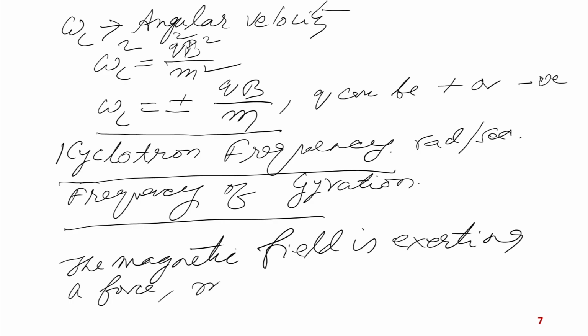That is q v perpendicular b. So, there are two components, as I said: the velocity along the magnetic field direction, and the other component perpendicular to the magnetic field direction.